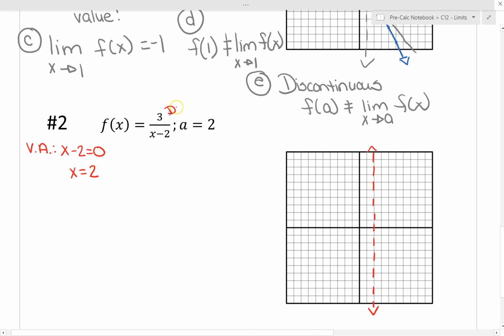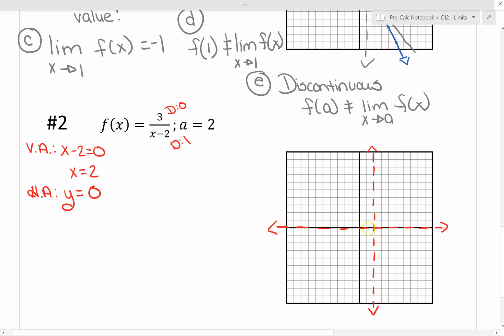When the degree on top is lower than the degree on bottom, that means you have a horizontal asymptote of y equals 0. And then from here, we can just plug in some points for our graph.